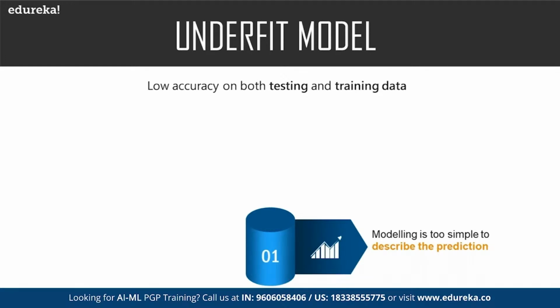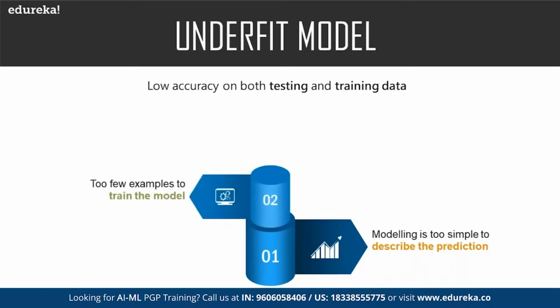Not just on the training data, but also on the testing data, we get lower accuracy, because we did not choose the right data set to be used for evaluating the model. What is the data set that we need to use for model evaluation? We'll see that in the following slides. So here again, too few examples to train the model.